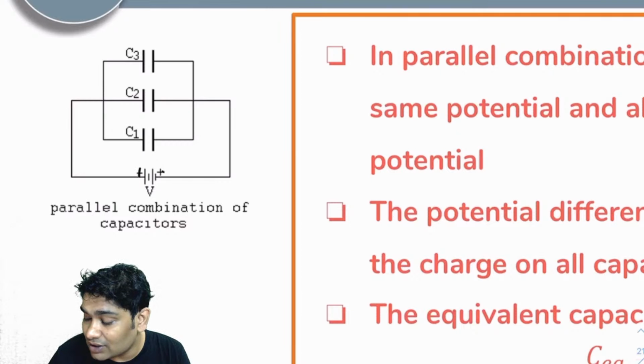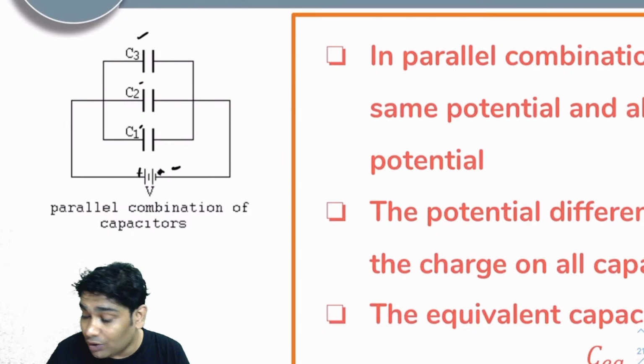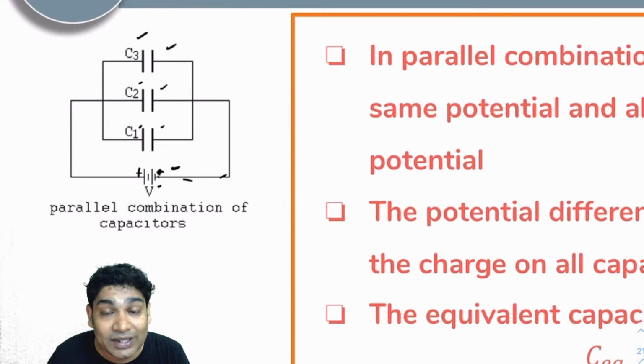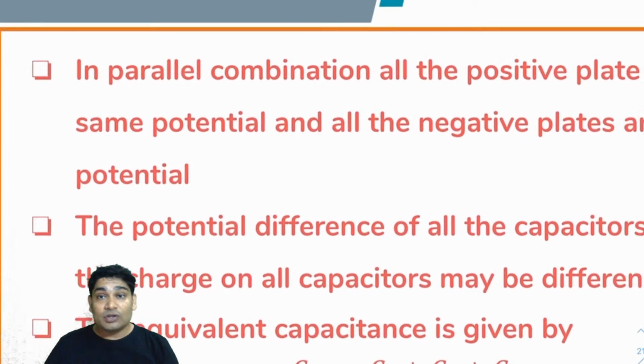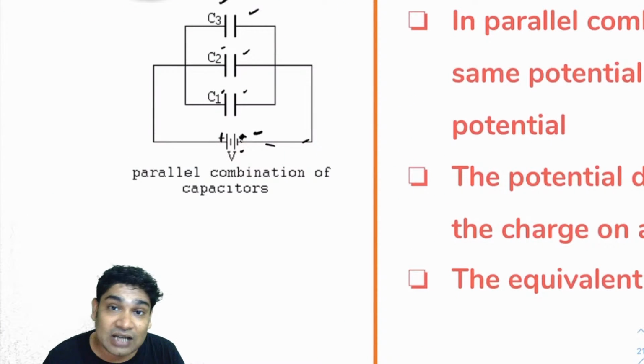So this is positive, this is negative. So all the positive plates are connected to the plus end of the battery, so all of them will acquire the potential of the positive terminal of the battery. Similarly, all these plates will acquire the potential of the negative terminal of the battery because all of them are eventually connected to the negative terminal. So all the positive plates are at the same potential, and all the negative plates are at the same potential.